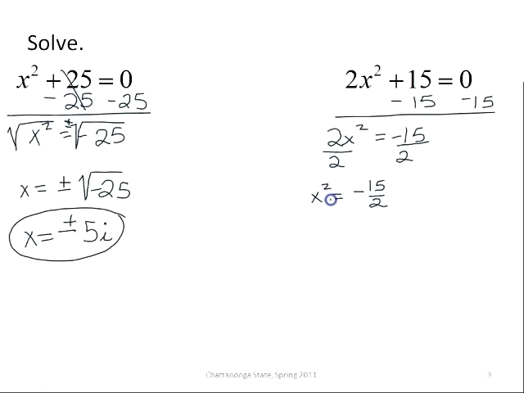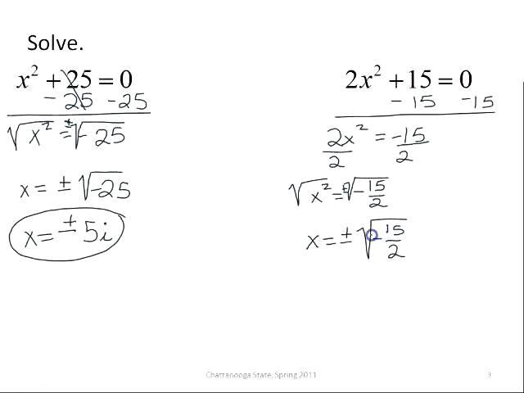Now same story here. I don't want x squared, I want x. So I undo the square by taking the square root. But once again, I have to take both the positive and the negative square root. So I have x is equal to a positive or a negative square root of negative 15 over 2.